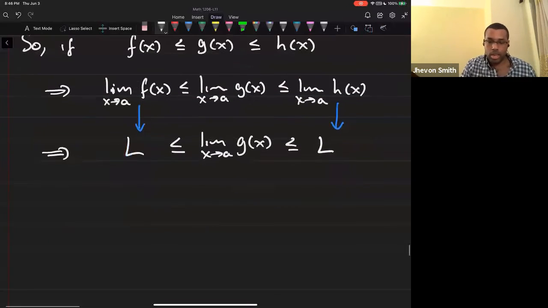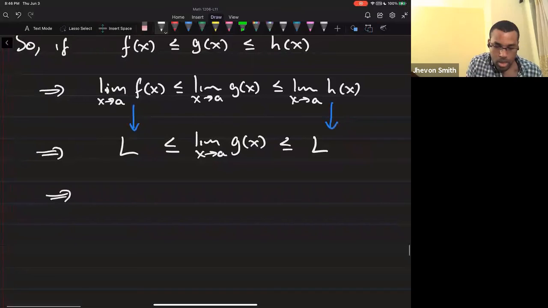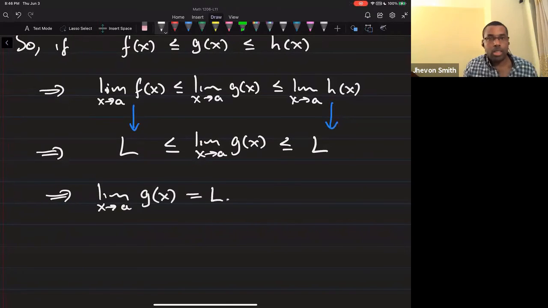So this is what's called the squeeze theorem. So your limit of g must be L, because what else is it going to be? It can't be anything else, right? It's squeezed between the same number. And so that's the squeeze theorem.